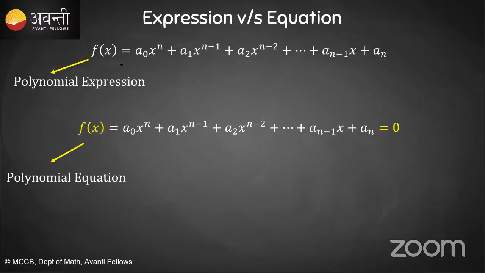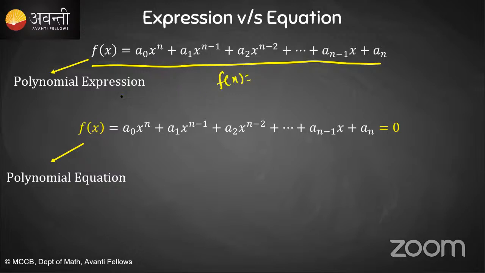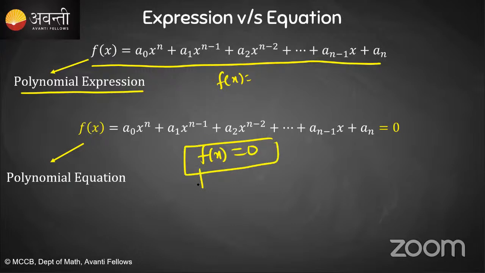Now student, see, whenever your polynomial is something like f of x is equal to an expression in x, then it is known as a polynomial expression. And when you equate your f of x to 0, when you do f of x is equal to 0, then it becomes a polynomial equation.